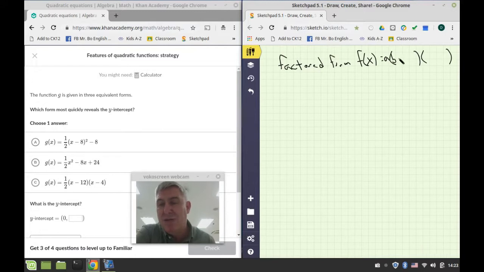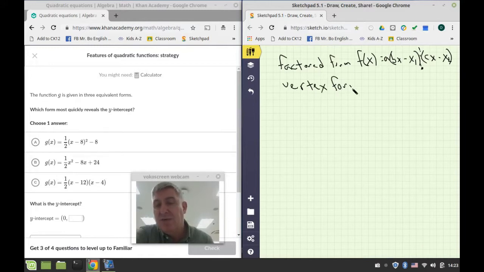I guess I'll say bx minus x1 and cx minus x2. These b's and c's are not related to anything else. But the important thing is that it allows us to easily find the zeros, the x-intercepts, and then we can split the middle, and we can find the axis of symmetry, and then we can find the vertex on there. And that's the first thing we did.